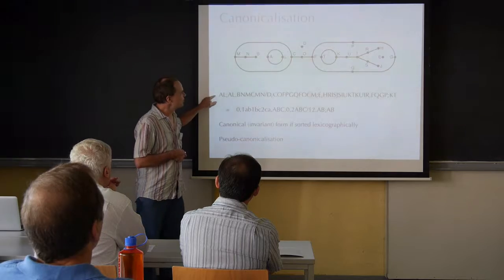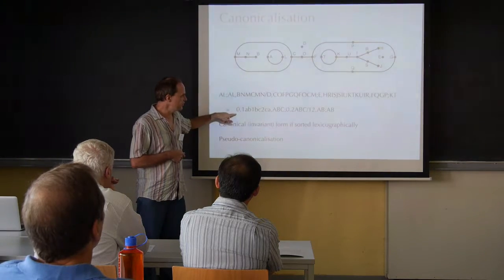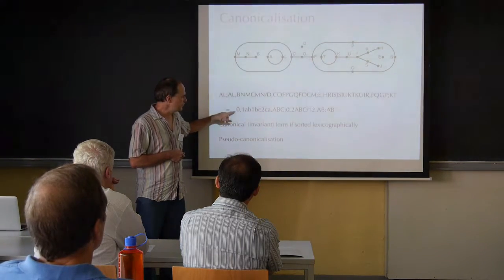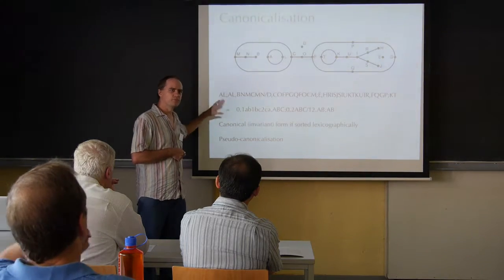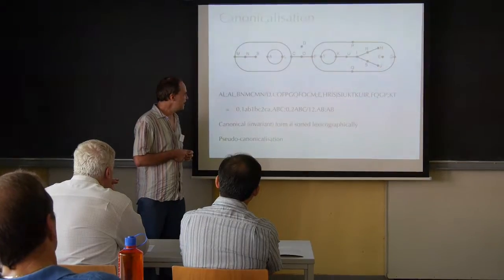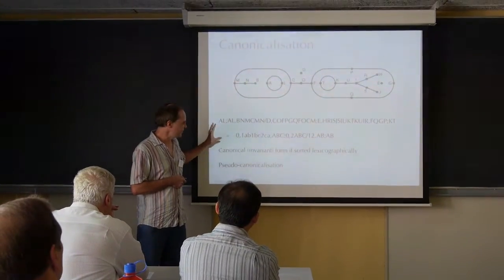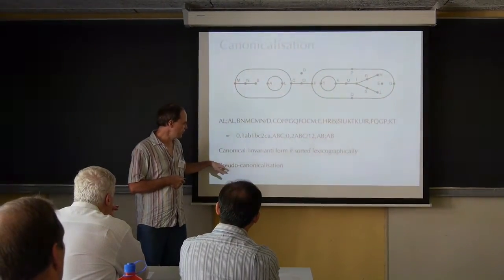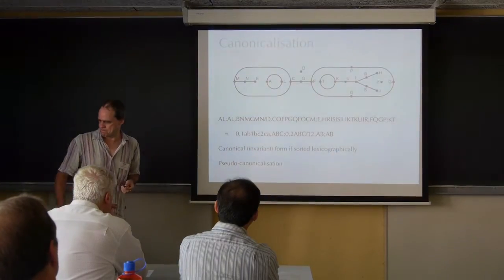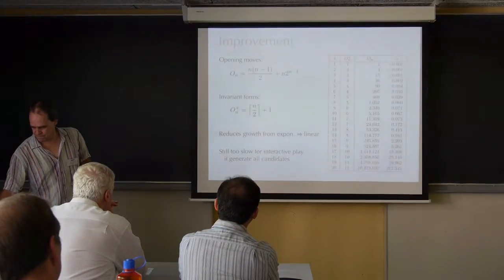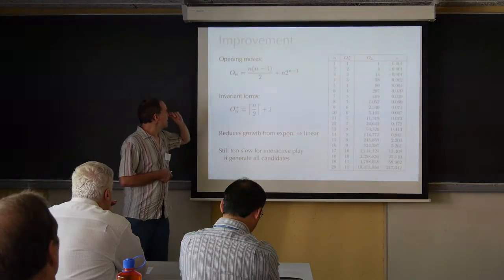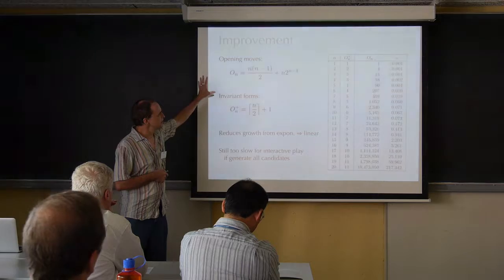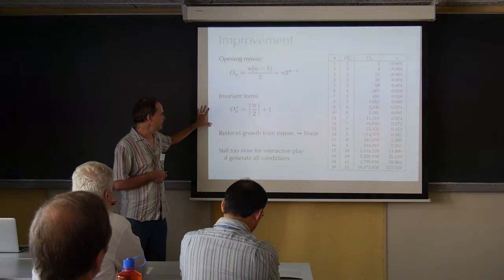So taking this string representation, we can reduce this to this form, and if we sort this string lexicographically, then we get the canonical invariant of this position. And this is actually too expensive to do in practice, so normally a pseudo-canonicalisation is performed. So the improvement of canonicalising means that we reduce from this exponential term to this linear term when generating the opening moves.